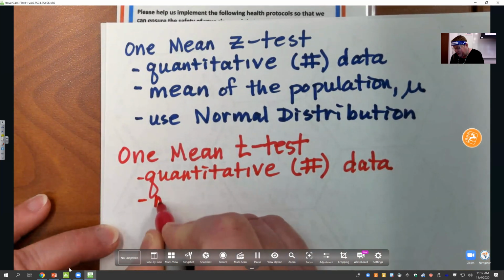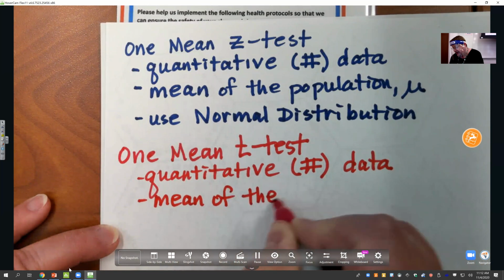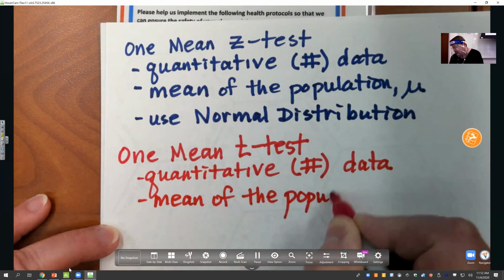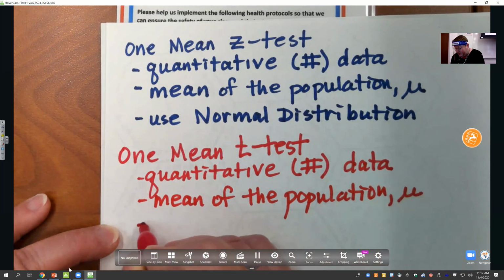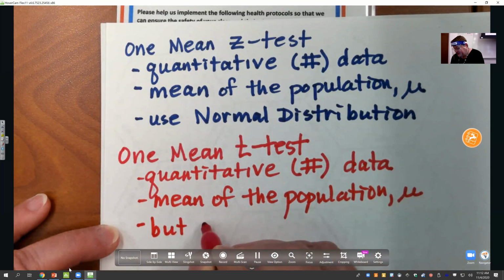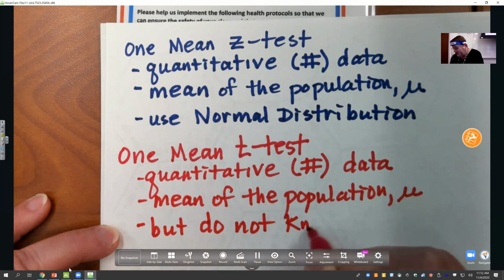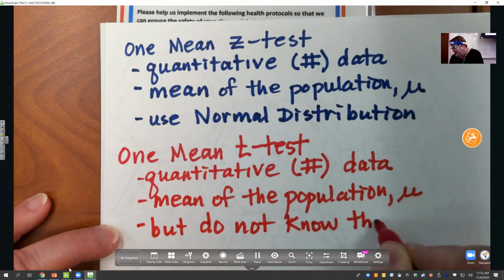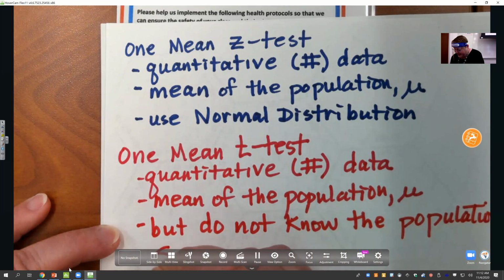And again, it's a question about the mean of the population, but you do not know the population standard deviation.